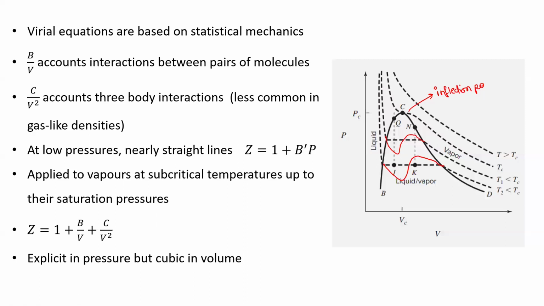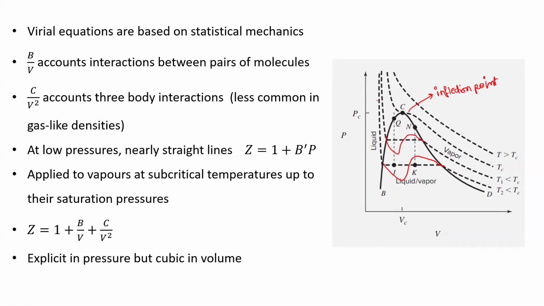We were discussing that at lower temperatures, this minima and maxima exist, and at the critical temperature there is an inflection point. This is what helps us determine the coefficients.